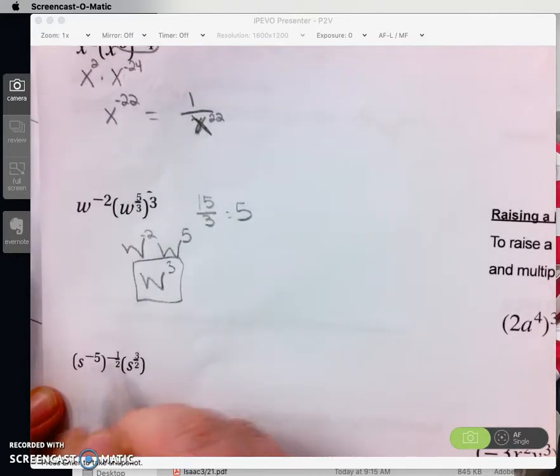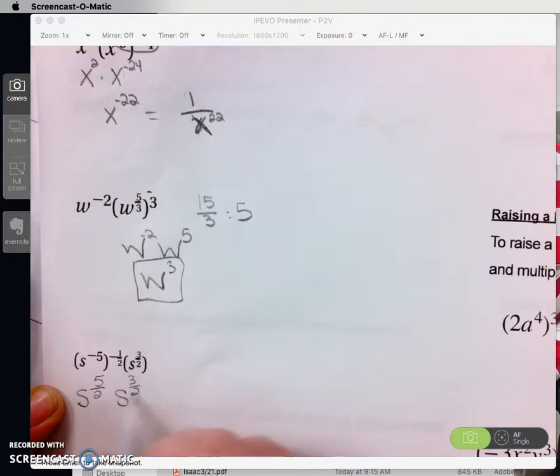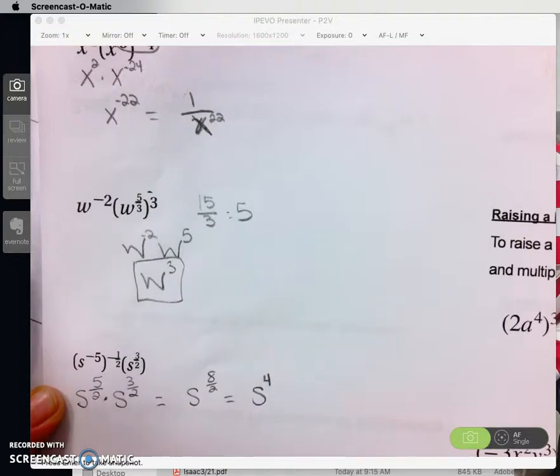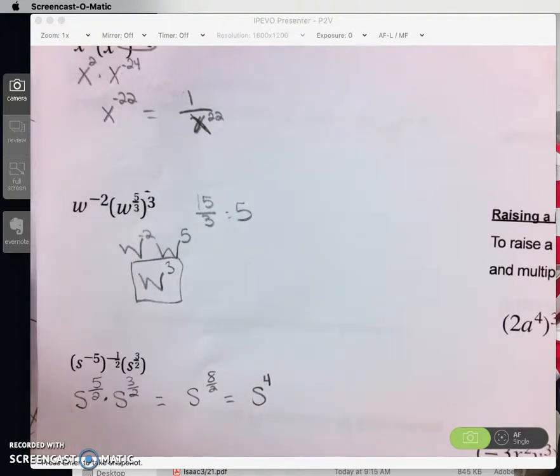Okay. I have 5 over 2 plus 3 over 2, multiplied together, I'm adding my exponents, so 8 over 2, s to the 4th. Okay.